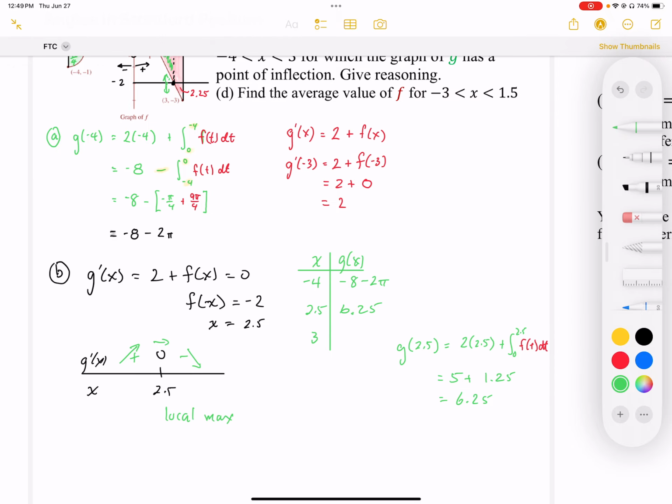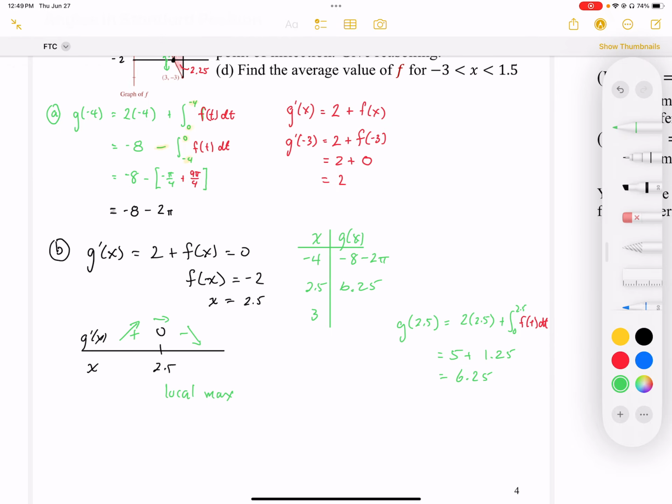At this point, it's my absolute max, but I still need to consider g at 3. So this is going to be 2 times 3 plus the area under the curve from 0 to 3 under the f graph. So when I take a look at my f graph from 0 to 3, I can see that from 0 to 1.5, I have 2.25 area above.